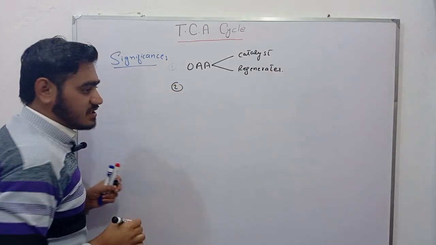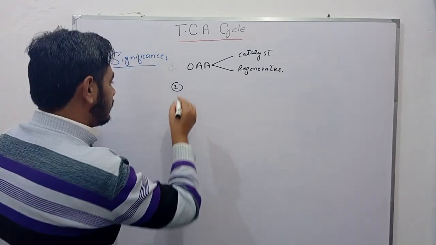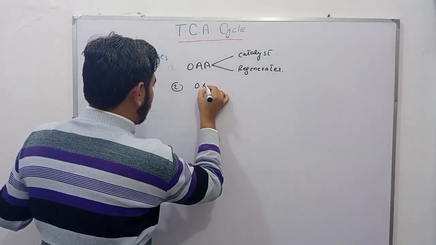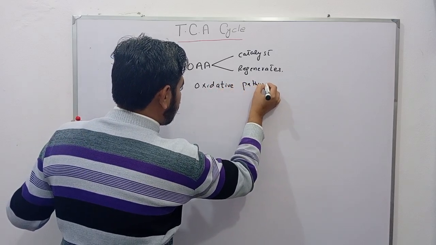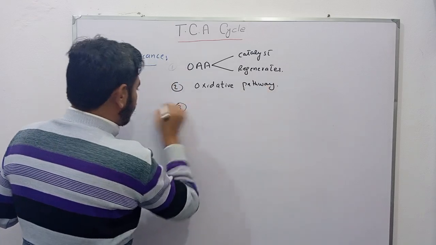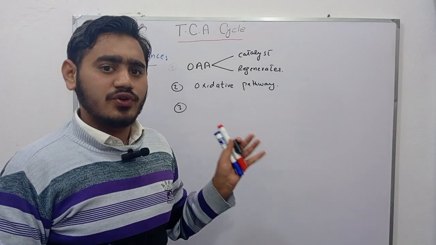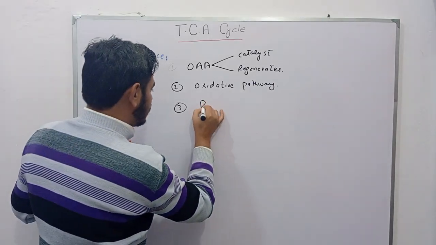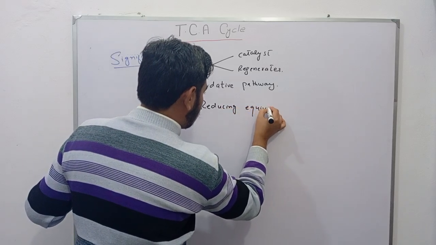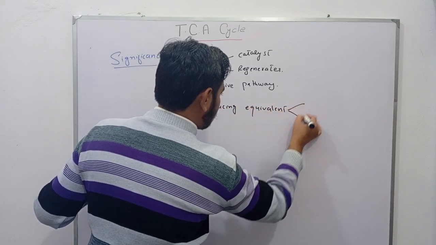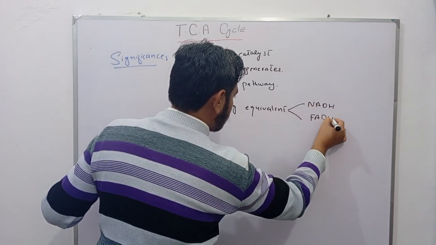The second point is it is a common oxidative pathway for the oxidation of all foodstuff. Now, the third point is that in this TCA cycle there is a formation of reducing equivalents, and those are NADH and FADH2.